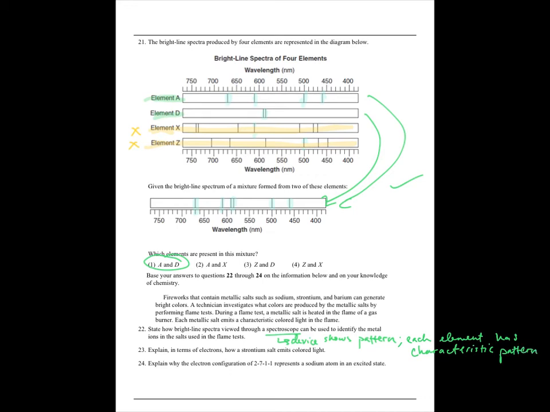Okay. Now, number 23, explain in terms of electrons how a strontium salt emits colored light. So electrons get excited, and so they release that excitation energy, release energy in the form of light.